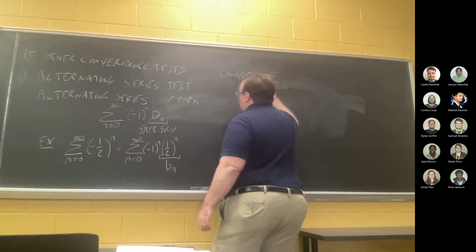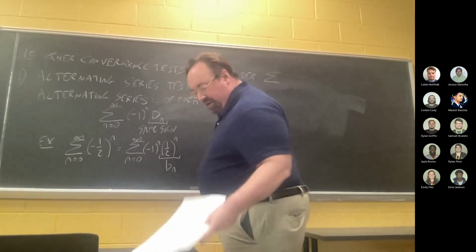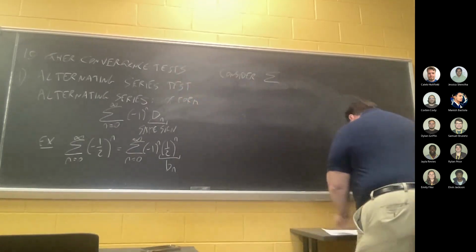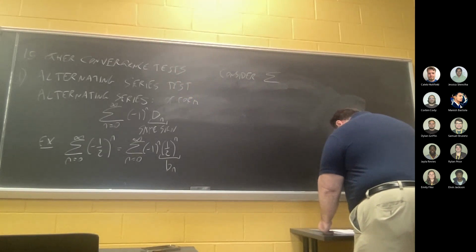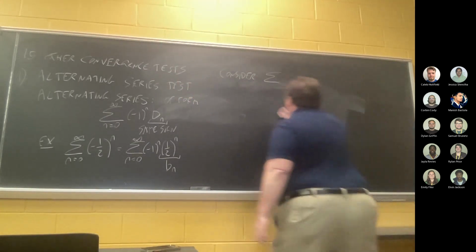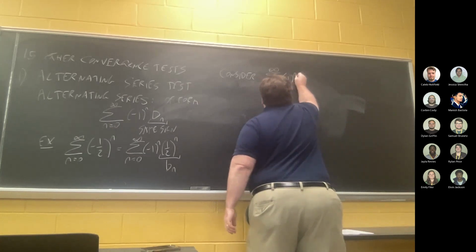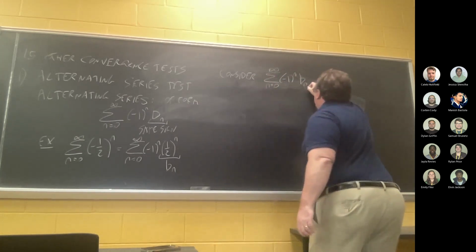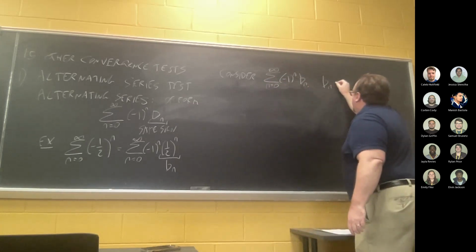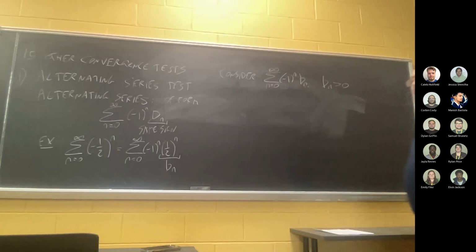So I'm just going to write a generic alternating series for purpose of stating the alternating series test. And we're going to assume here that the bn's are all positive.